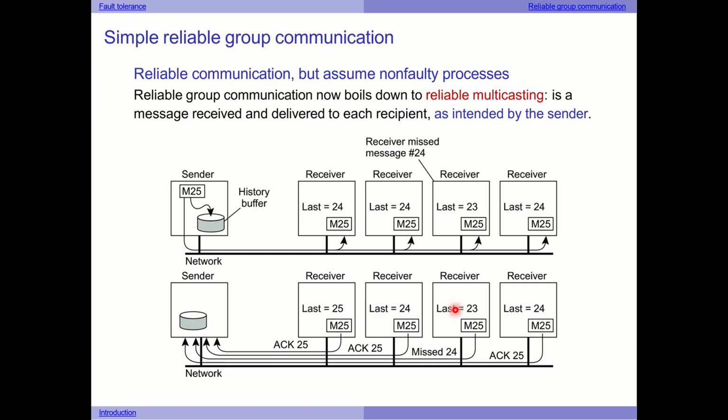The current received message is 25, which is higher than the supposed received message. So the receiver returns a negative acknowledgement to the sender, saying that they missed message number 24 and asking for retransmission of the message.